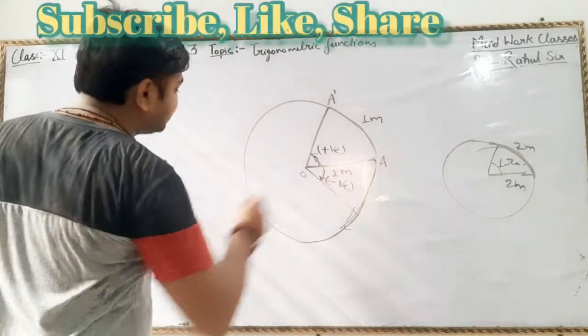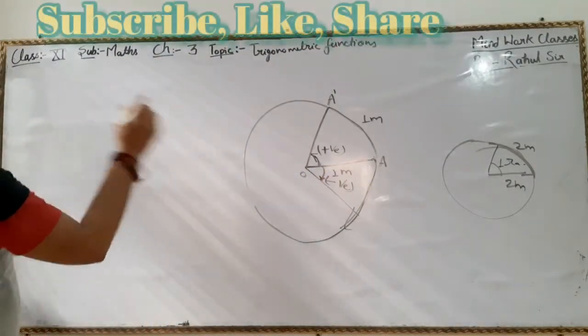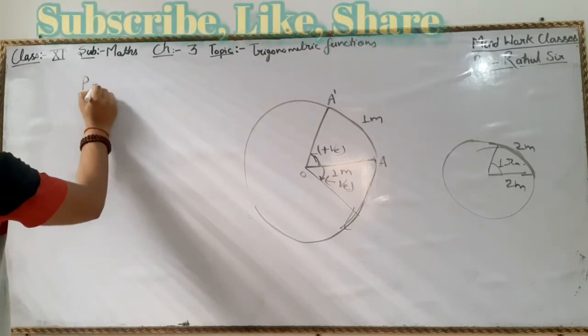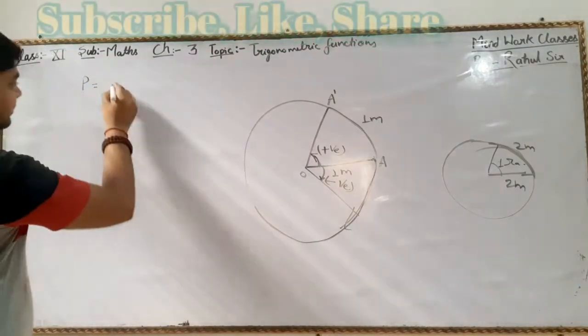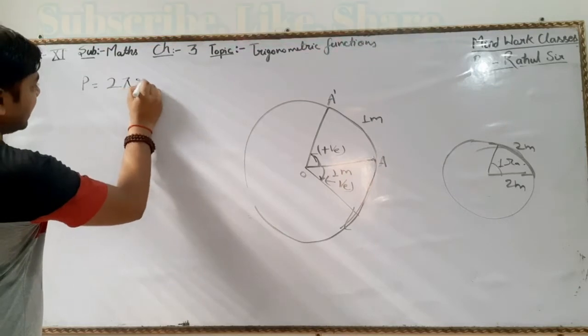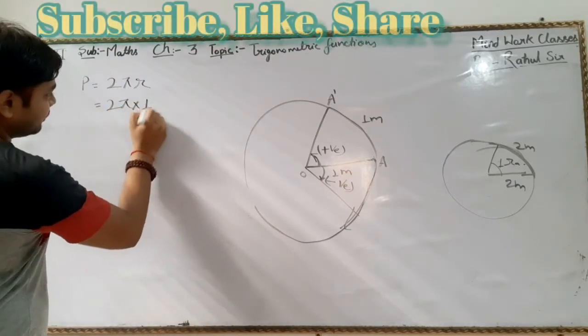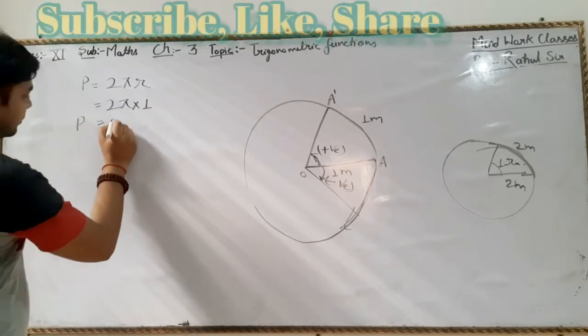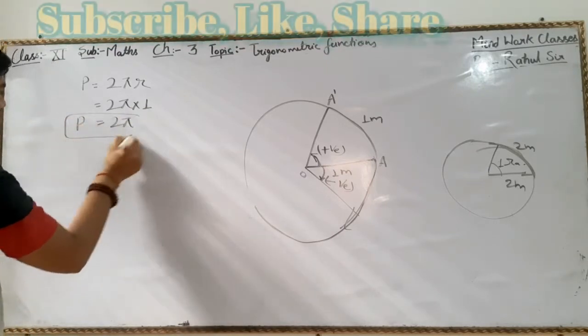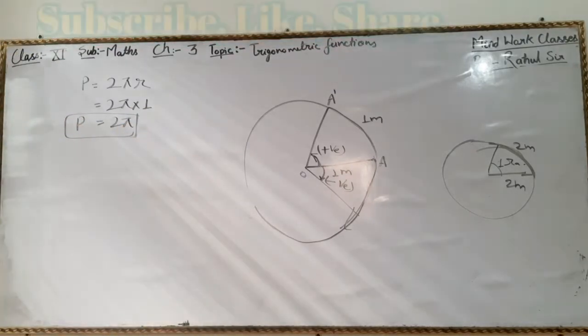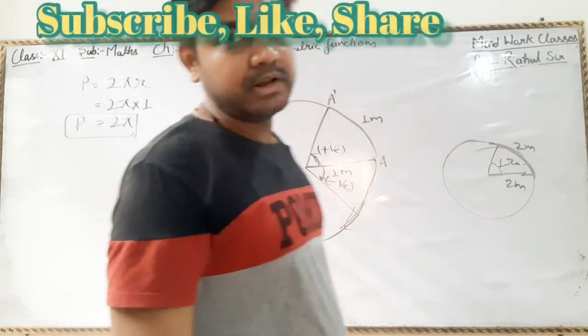If the radius is 1 meter, then the perimeter of this circle will be 2 pi r, and r is 1 meter, so 2 pi into 1, that is, perimeter is equal to 2 pi.